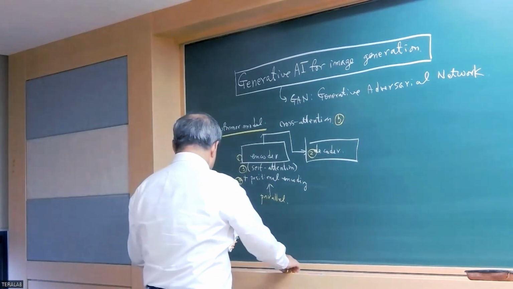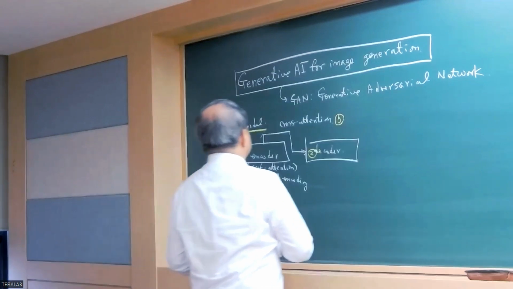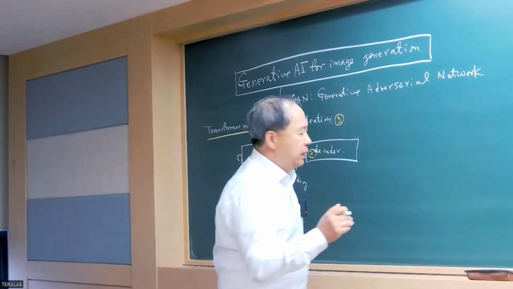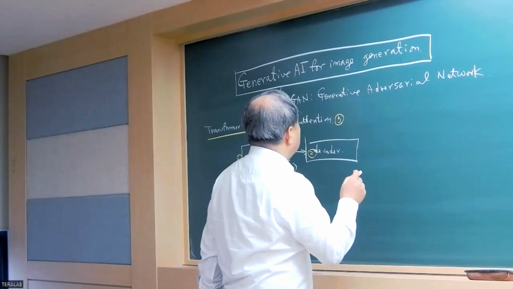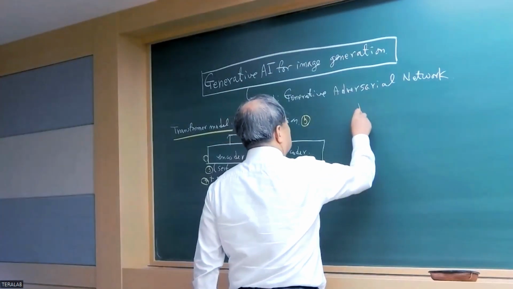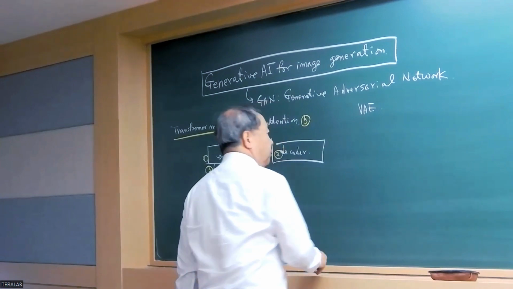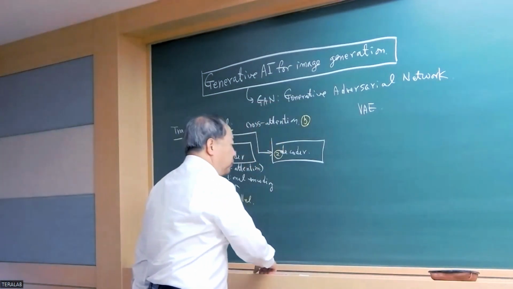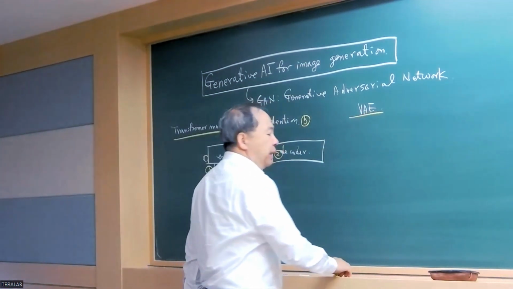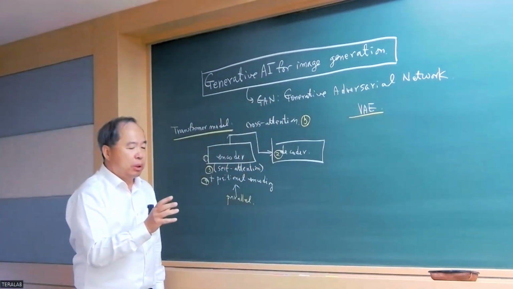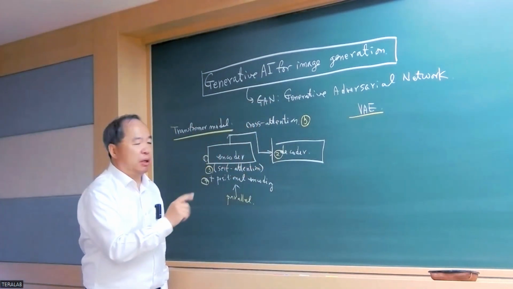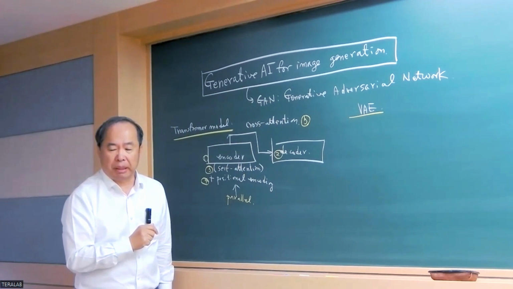Another type of generative AI for image generation is called variational autoencoder. Probably next Monday and Wednesday, I'm going to talk deeply about the variational autoencoder method.